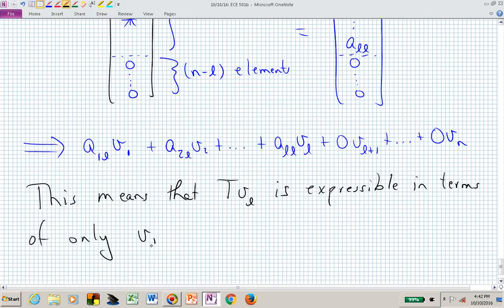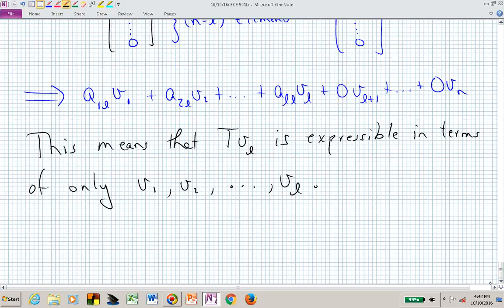Well, we're weighting V1 generically. We're weighting V sub 2 with A sub 2L, but we only go as far as V sub L to allow for any possible representation of T V sub L. And what does that mean in terms of where T V sub L lives, in what span of vectors?